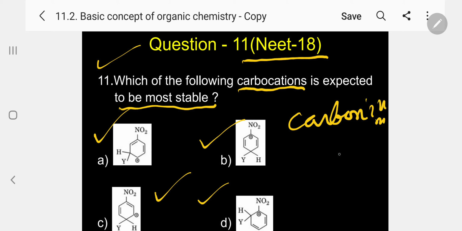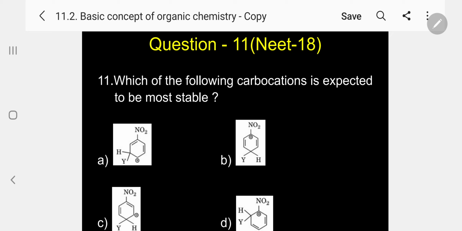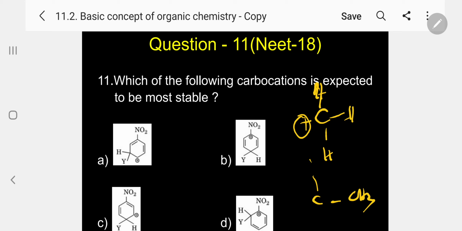Let me take an example, say, the methyl carbonium ion. Now compare the stability of the methyl carbonium ion with the tertiary butyl carbonium ion, (CH3)3C+.